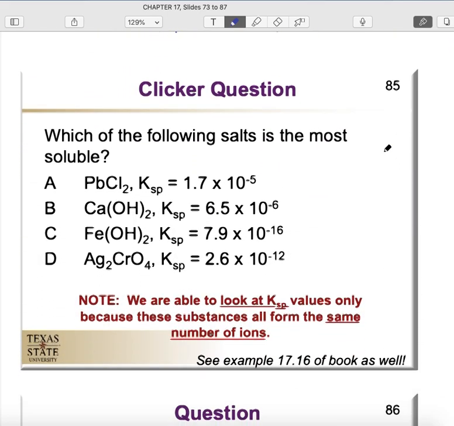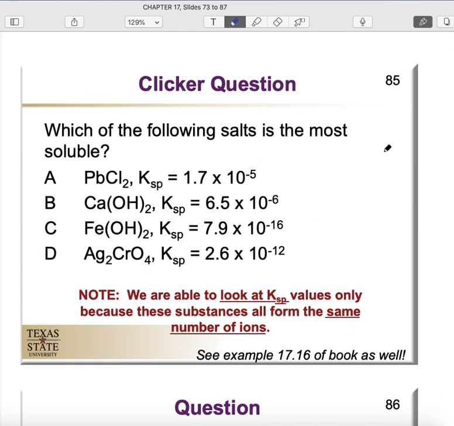All right, in this clicker question, what we're trying to find is which one is the most soluble out of all of these compounds. And we are provided the KSP values for them. Remember that a few slides ago, I told you that you could only compare the KSP values and determine which one is most soluble if the number of ions that these compounds made was equal.